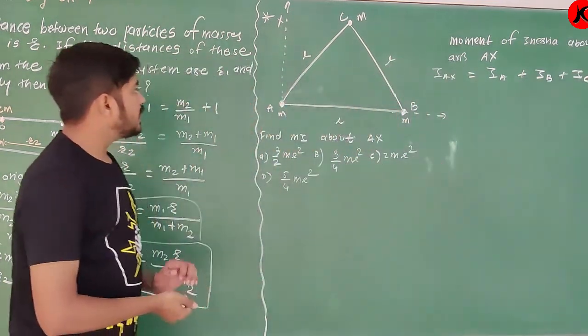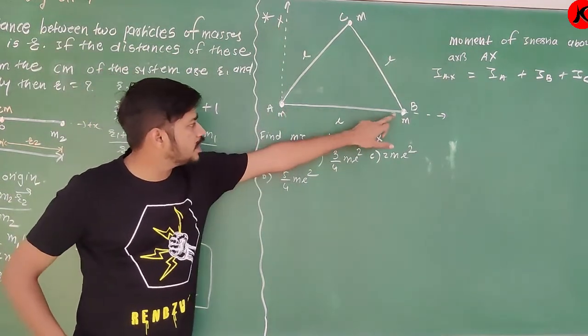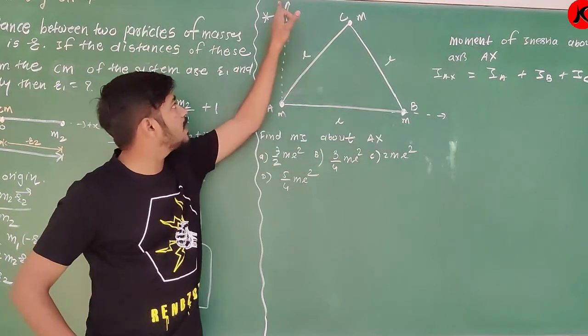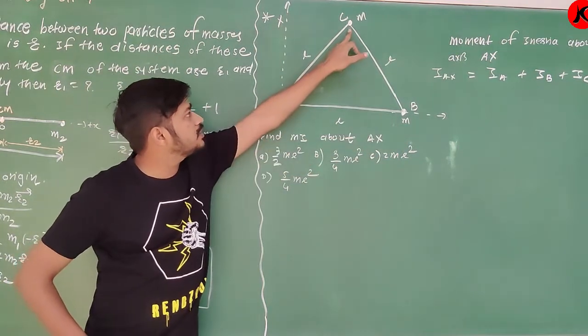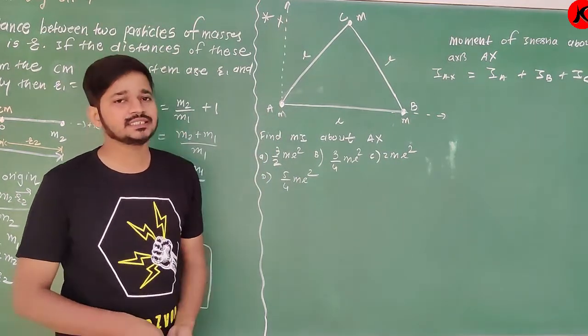It means the moment of inertia of this particle about this AX axis, the moment of inertia of particle B about this axis, the moment of inertia of particle C about this axis. Yes or no? Yes, it is.